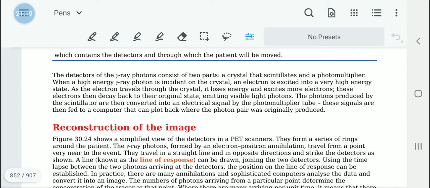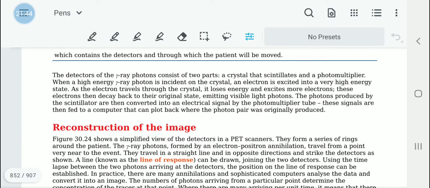When they fall back to their original state, they lose visible light photons, which will be converted into electrical signal by the photomultiplier tube.